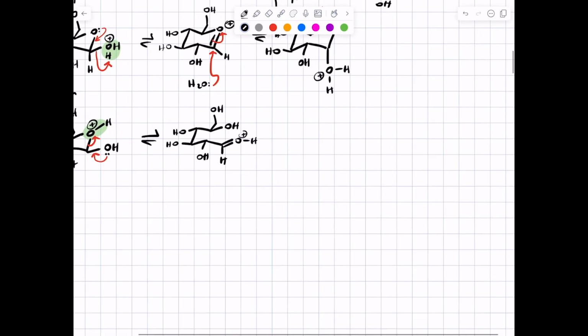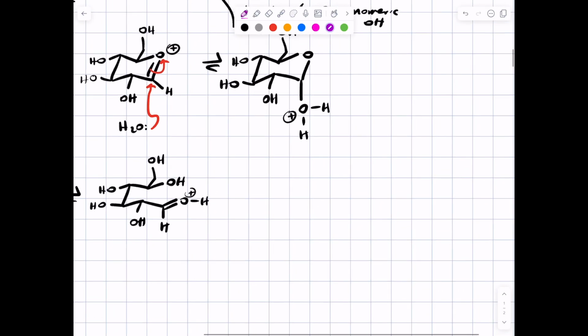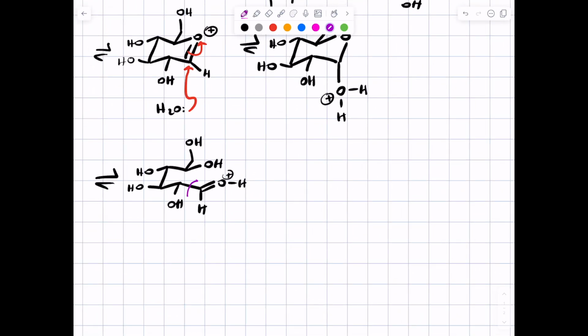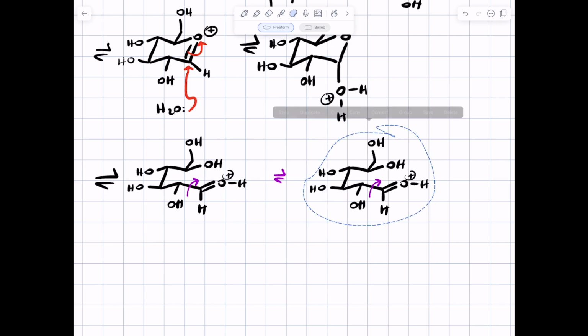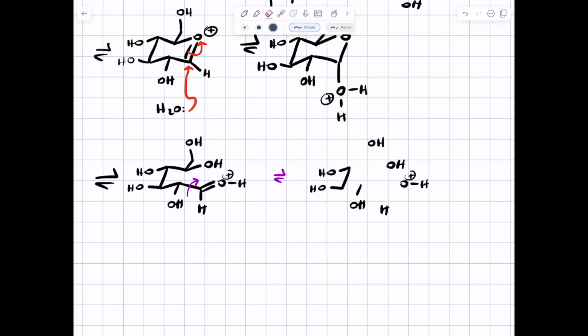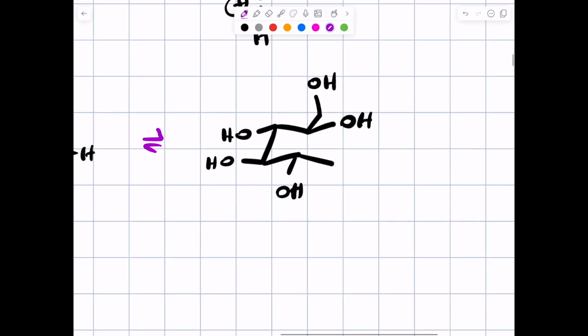When we get to this open chain form, we are now perfectly able to rotate around that carbon-carbon bond, and imagine rotating around it such that the open chain form now looks like this, with the hydrogen pointed this way and the oxonium ion pointed that way.